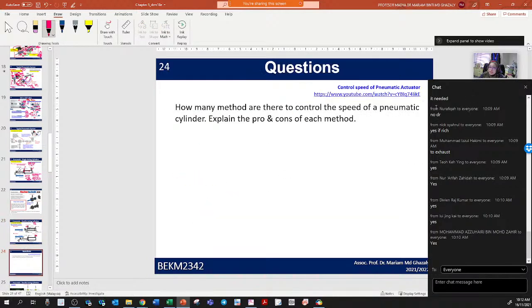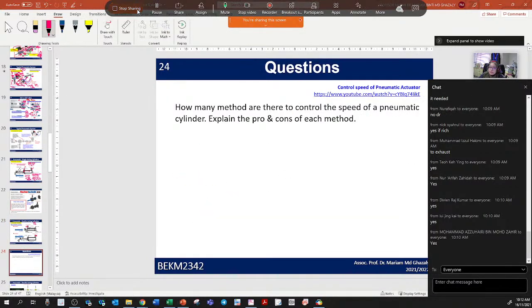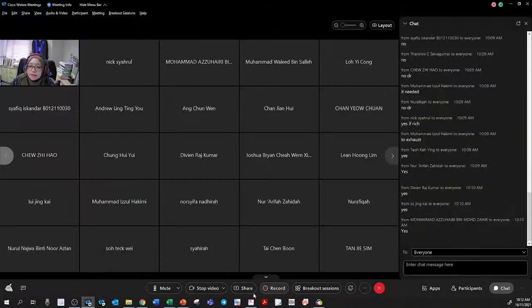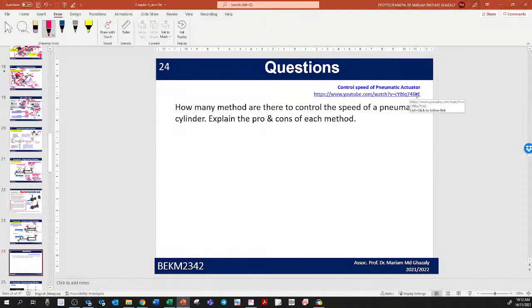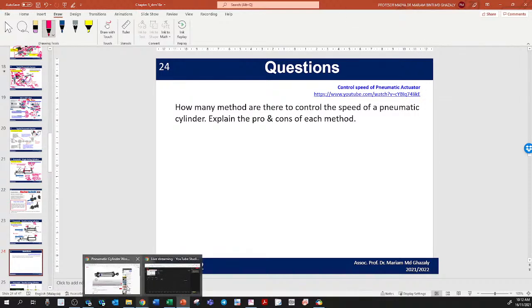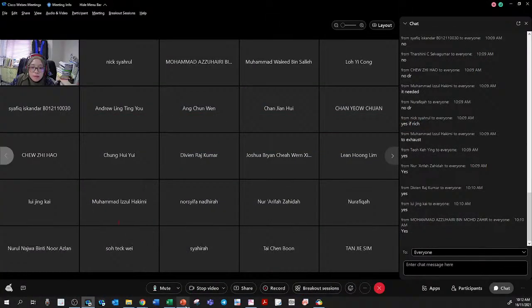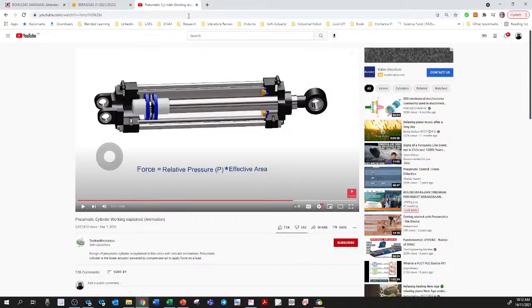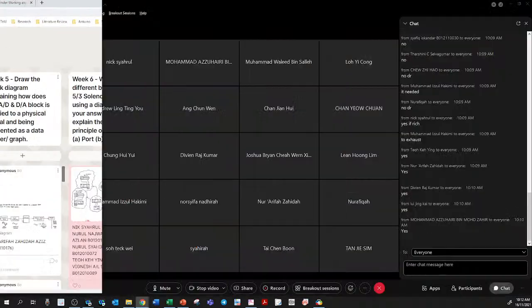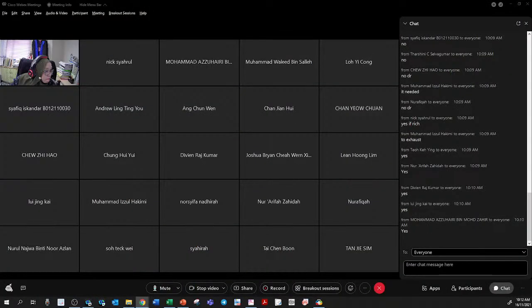So, let's look at this video. Before I share that, our next task in the Padlet is: how many methods are there to control the speed of the pneumatic cylinder?